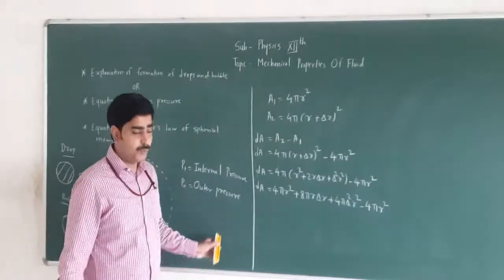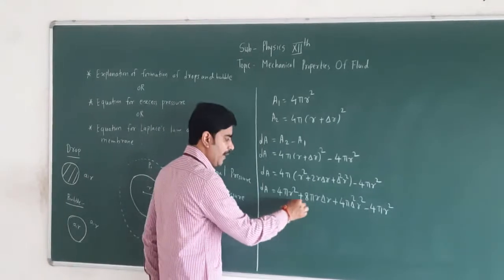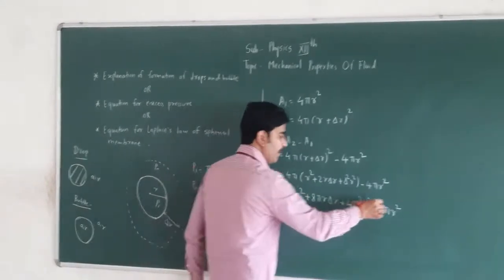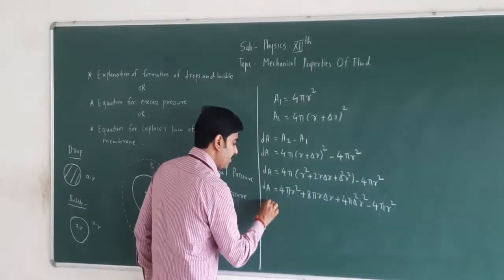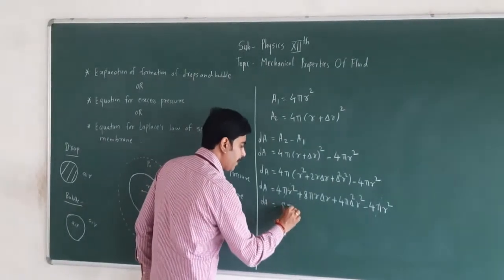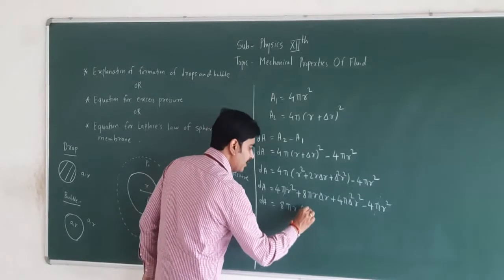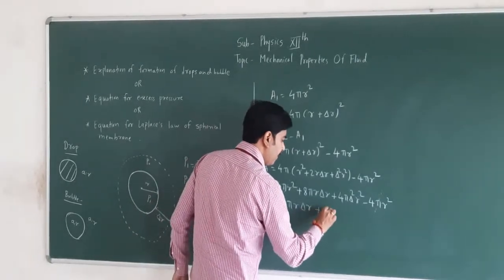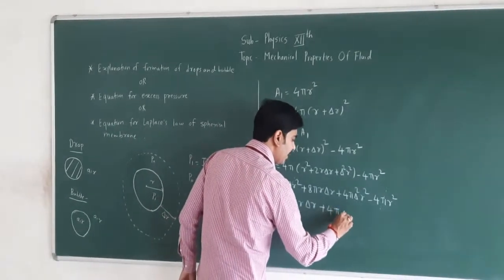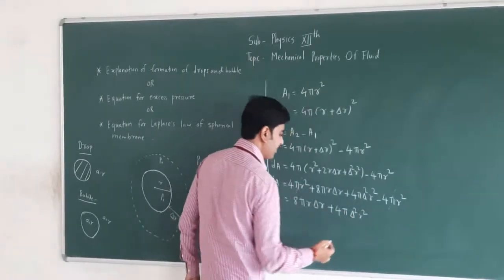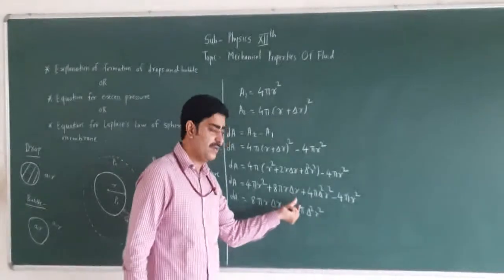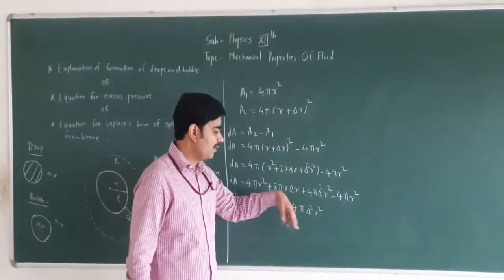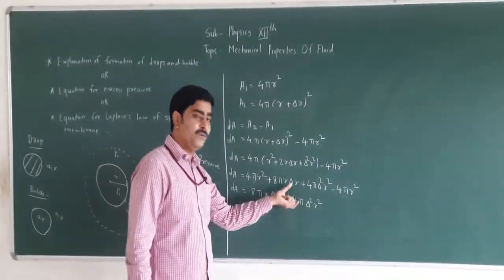If you observe this equation, the 4 pi R square and this 4 pi R square get cancelled. So what is the remaining part? 8 pi R delta R plus 4 pi delta R square. As delta R is a small increase in the radius, delta R square will make the value very small.